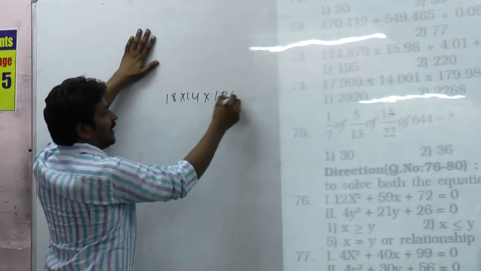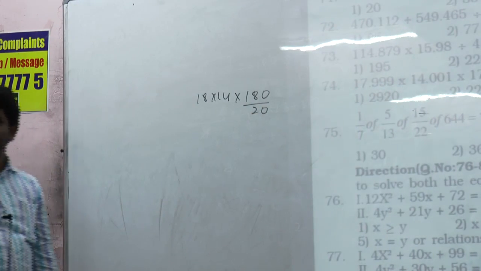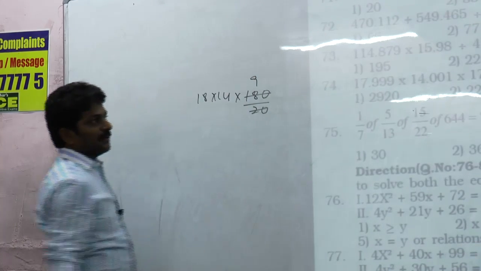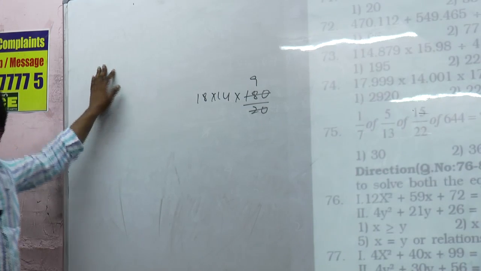Like you have 18 into 14 into 180 divided by 20. 20 how many times? 9 times. True?